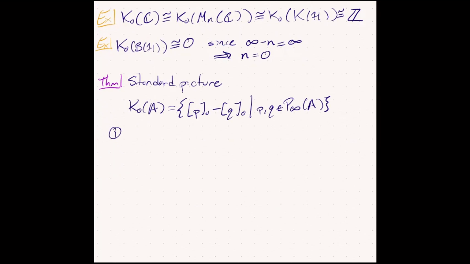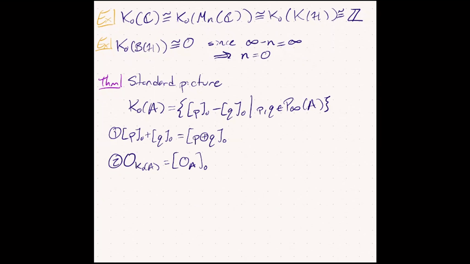Addition in this group is given by: you can add two equivalence classes by doing the direct sum of the constituent projections and then looking at that equivalence class. And then the 0 element in K0 is exactly the equivalence class of 0 in the C-star algebra.